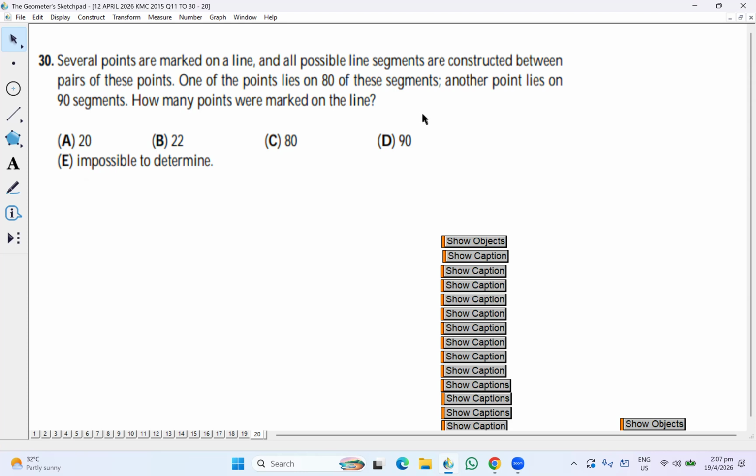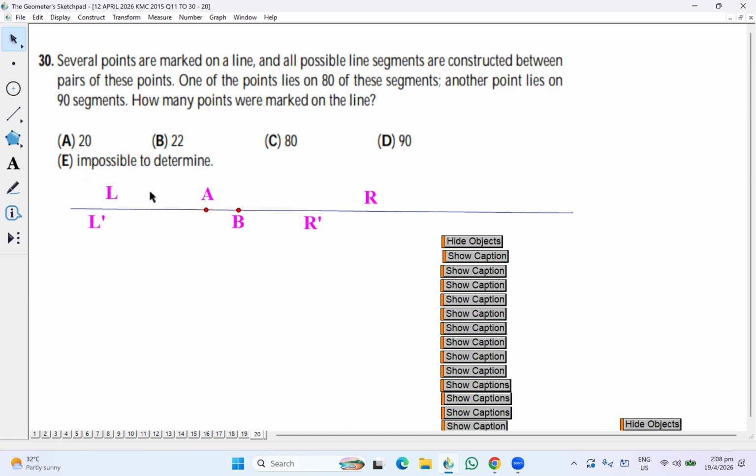We try to show the 2 points. A is here. It has L points on the left and R points on the right. B is here. It has L prime points on the left and R prime points on the right.